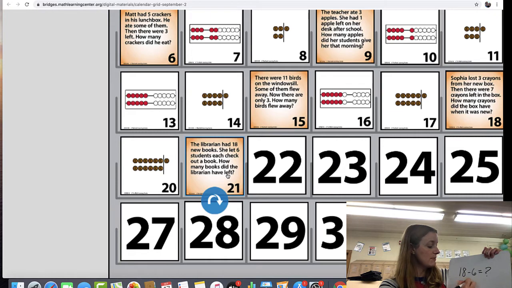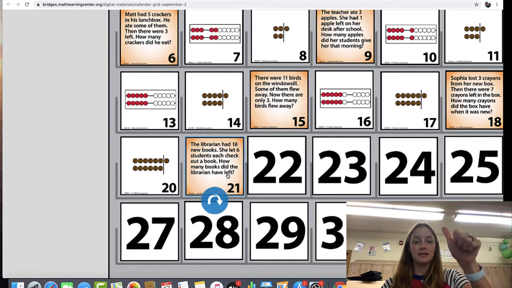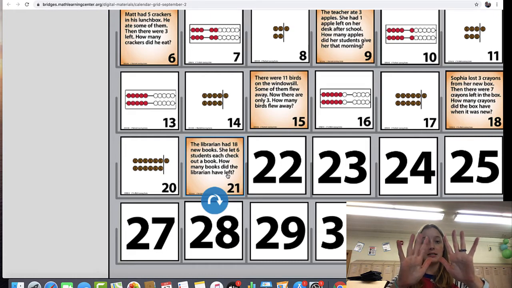We could do this by doing 18 dots and then crossing off 6 of them. We could count up, we could count back. I'm going to quickly show you that count up strategy so you can see that one time. So if I started with the number 6, I have to get to the number 18. So 6, 7, 8, 9, 10, 11, 12, 13, 14, 15, 16. I have 10 right now. 17, 18.